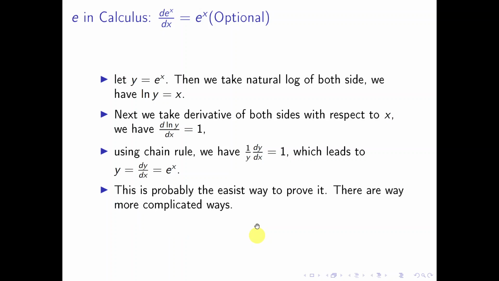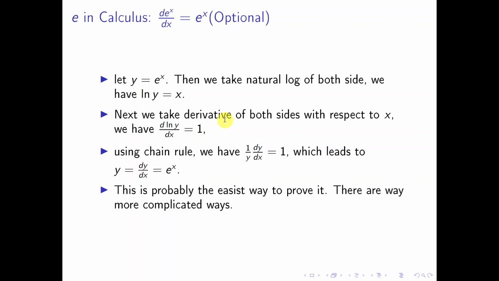And the trick here is to apply the chain rule to this derivative. To get the derivative of log y with respect to x, first we have to get the derivative of log y with respect to y, then multiply by dy over dx.